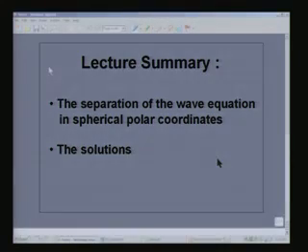So the radial equation, the Hamiltonian for the hydrogen atom.